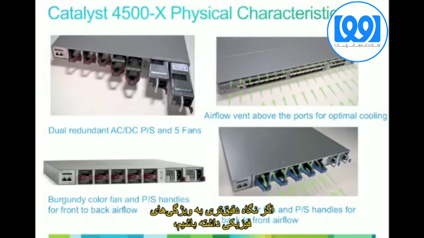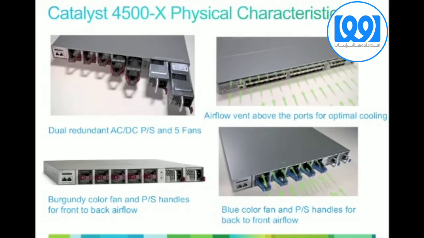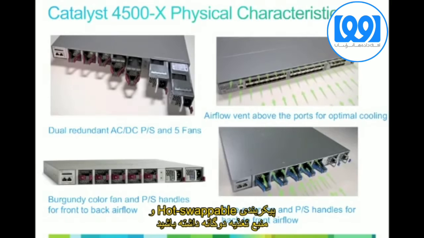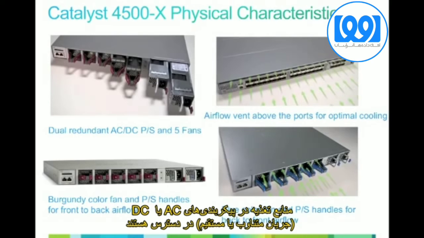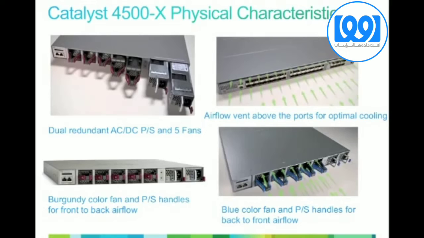If we take a closer look at the physical characteristics, you'll see that we offer redundant power supplies and fans. You can have up to 5 fans in a redundant hot swappable configuration and dual power supplies, which are also redundant and hot swappable. The power supplies are available in AC or DC configurations. As you look at the fans, you can tell that we have 2 different colors of the fans.